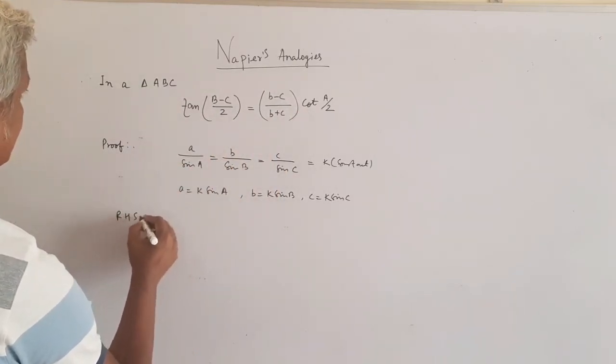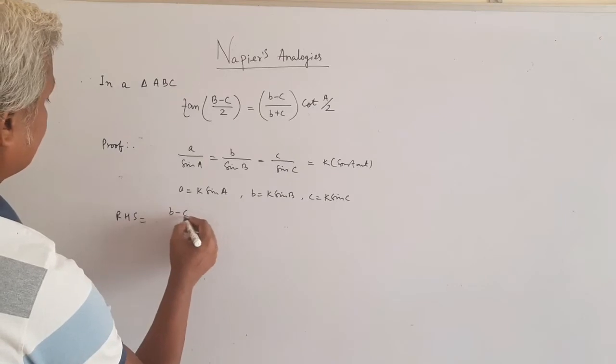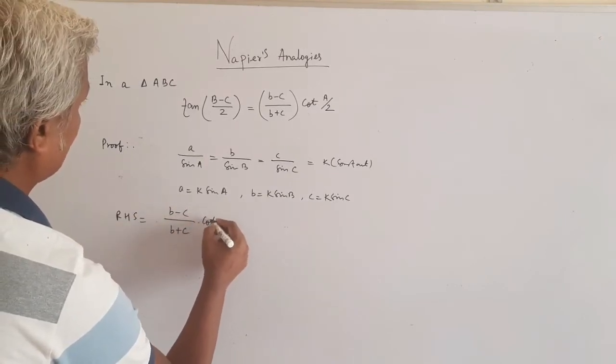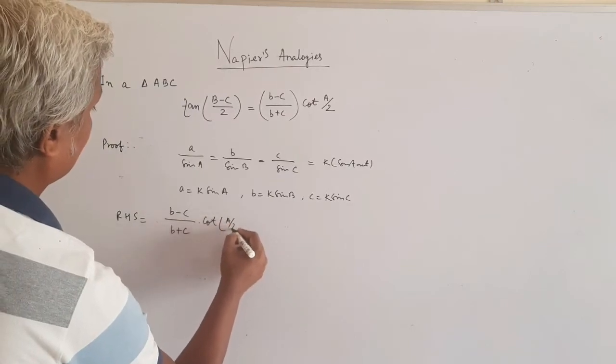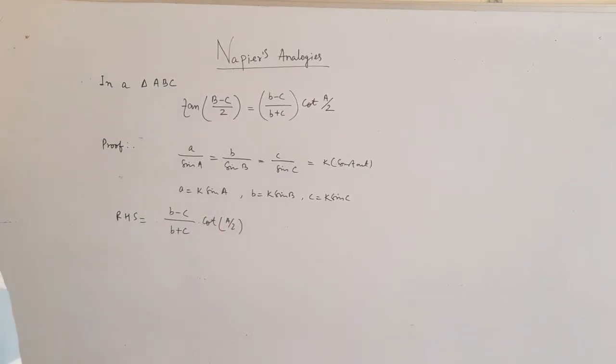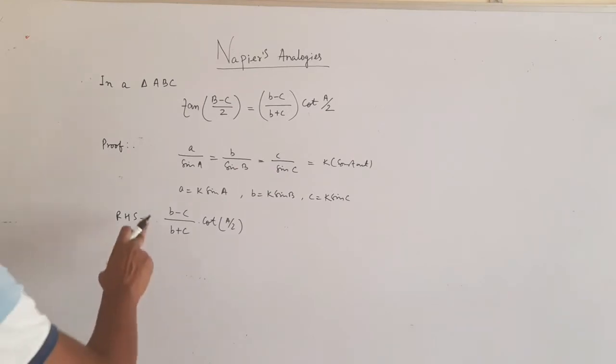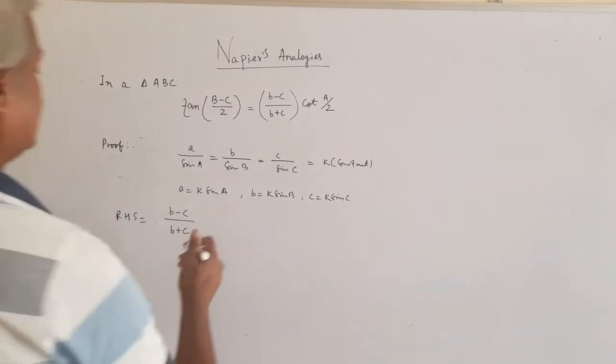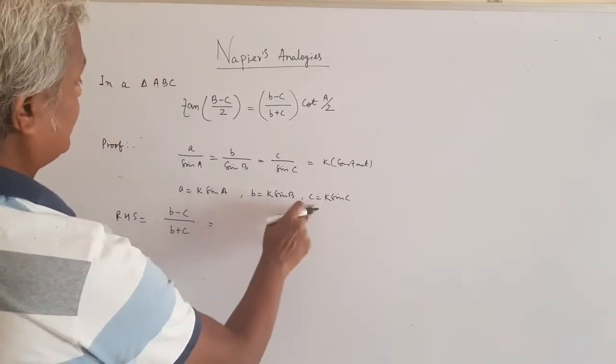Now we have b minus c, because we will start proving from the RHS to the LHS. So our RHS is (b minus c) upon (b plus c) into cot A by 2. First we'll start by finding this. What is (b minus c) upon (b plus c)? So you have b and you have c.